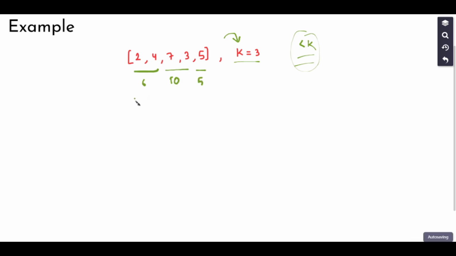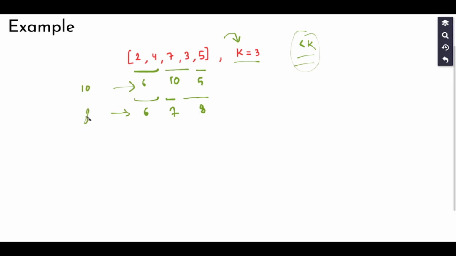Let's take another partition: club these two, then keep 7 here, then club 3 and 5. This is going to give me 6, 7, 8. So what is the maximum sum here? It is 10.